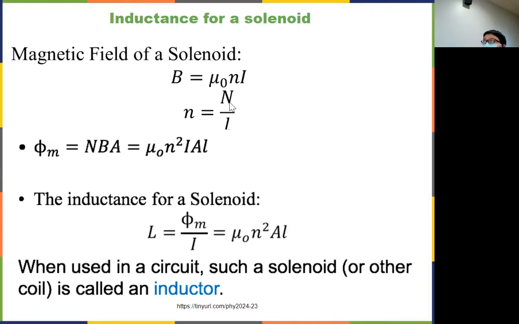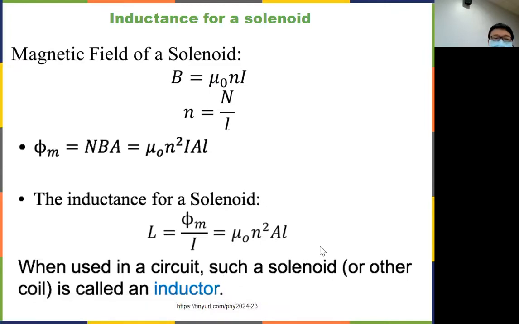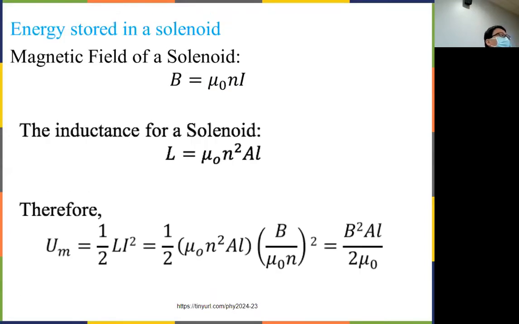Small n is equal to the total number N divided by the total length L. Then the magnetic flux, if we start from 0, will be equal to the number of coils times B times A. We derive that this will be the inductance for a solenoid: the density of turns of coil squared times the area times L. When you have a solenoid in a circuit, we call it an inductor.